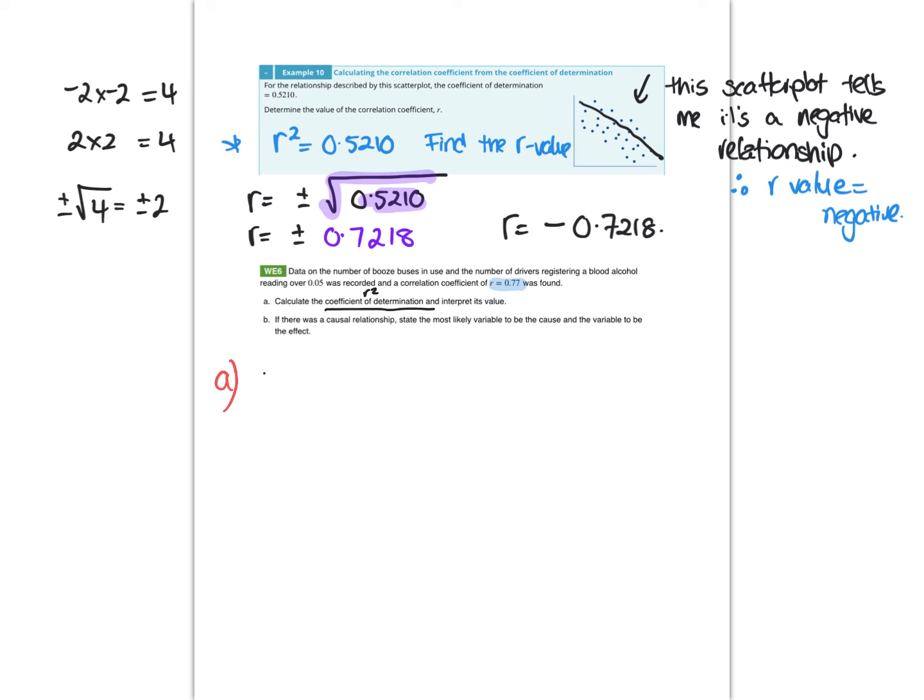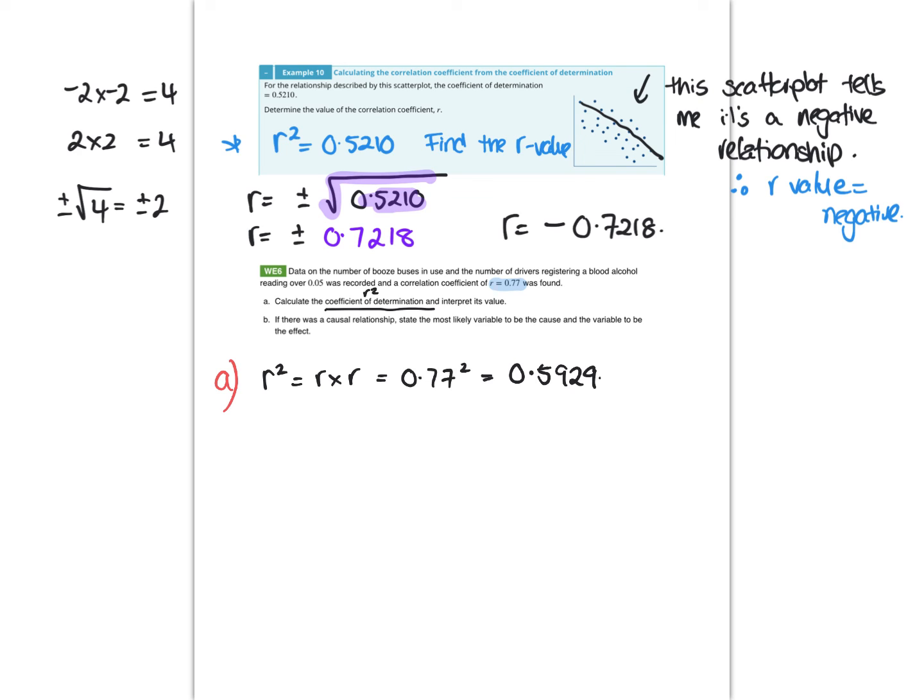Okay, so R squared we know is the same as R times R. So you can square the R. So we can say 0.77 squared. So we work out what that number is. So that's simply what they're asking us to do. So we'll just pop that in our calculator. So the R squared value is 0.5929.